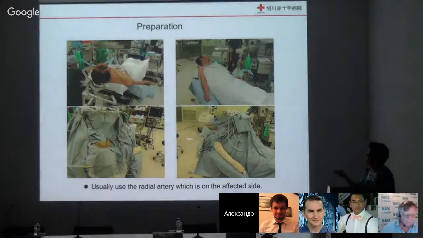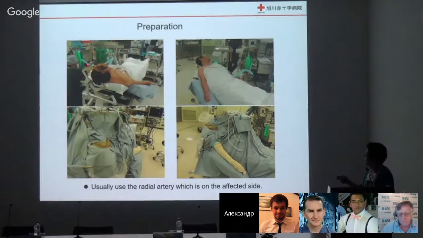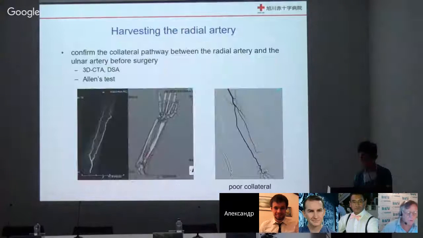This is the preparation. The surgical field includes the head, neck, and forearms. Usually I harvest from the affected side because draping is easier. But we must confirm the collateral pathway of the forearm before surgery, using 3D CT, DSA, or the Allen test.